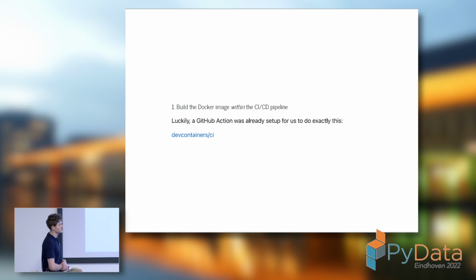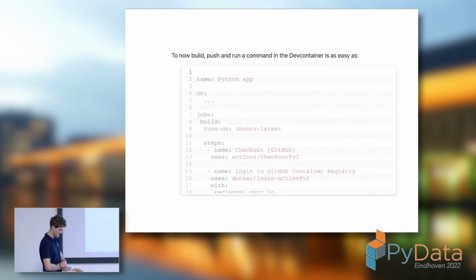Let's go for the first option. The second option is a bit more complex. Just to see how we can use CI with our Devcontainer, there's already a GitHub action for this. I'm speeding up a little given the amount of time I have left, even though the clock is not giving me feedback.